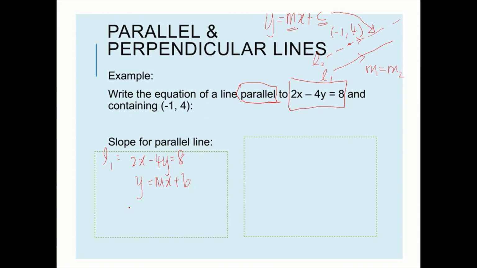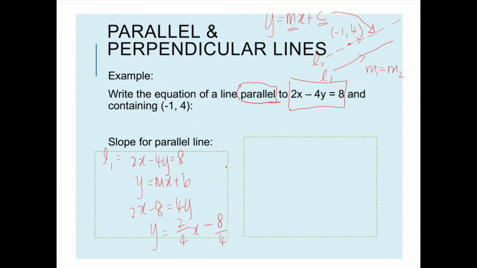By rearranging, we have 2x minus 8 is 4y, and the y will be 2 over 4x minus 8 over 4.